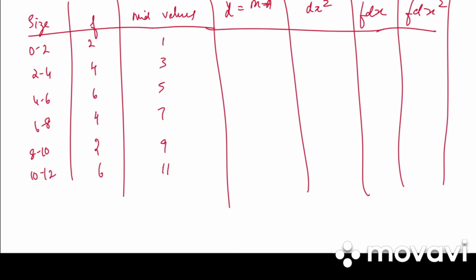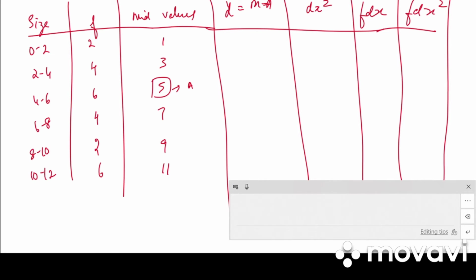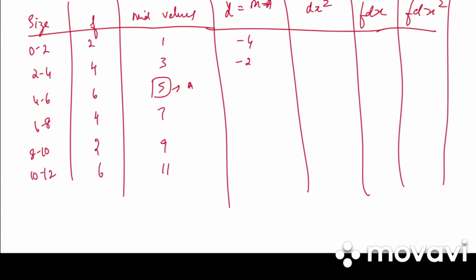So what is the assumed mean? It will be 5. So 1 minus 5 minus 4, 3 minus 5 minus 2, 0, 2, 4, 6. Then we need to find dx square. 4 4s are 16, 4, 0, 4, 16, 36.